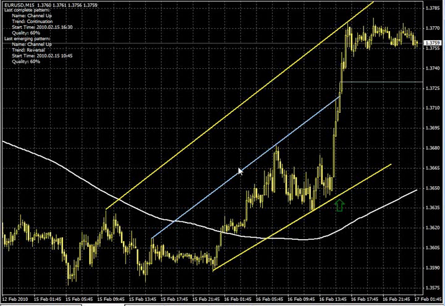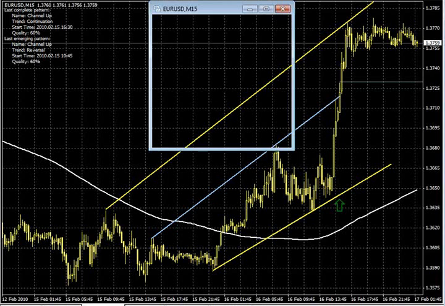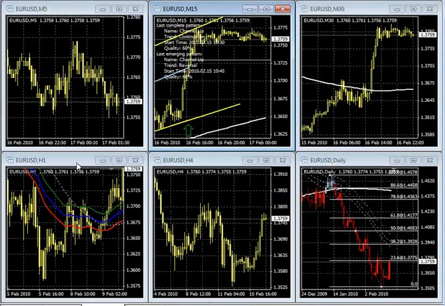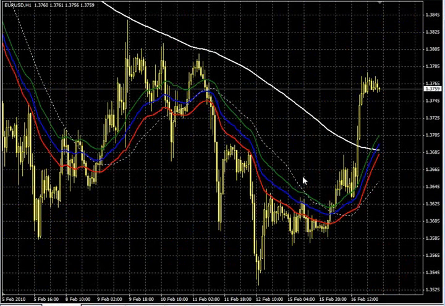Okay? Just because a pattern has formed does not mean that it's a valid pattern for the underlying mood of the market. The white moving average you see is the same moving average we've had for the last couple of sessions, and that is the 200-period simple moving average. So again, when you apply the three moving averages on your chart, I showed you how to do it manually.